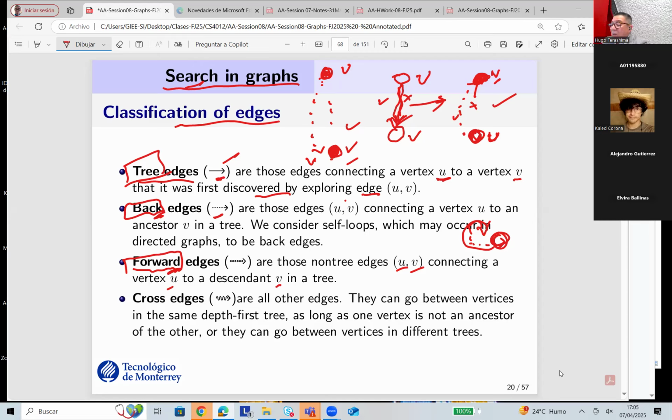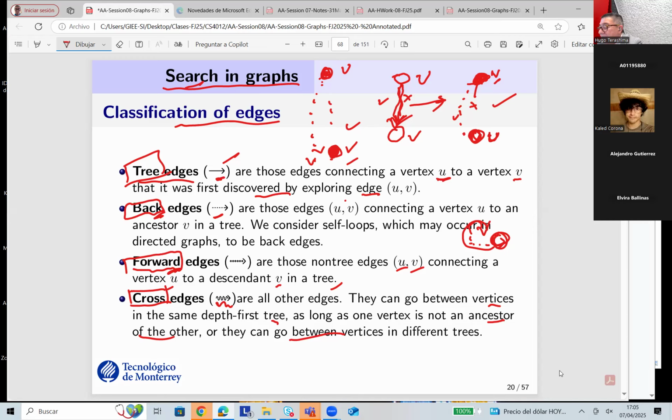And the other kind of edges that we can find, with this waving arrow, are all other edges. They can go between vertices in the same depth-first tree, as long as one vertex is not an ancestor of the other, or they can go between vertices in different trees.